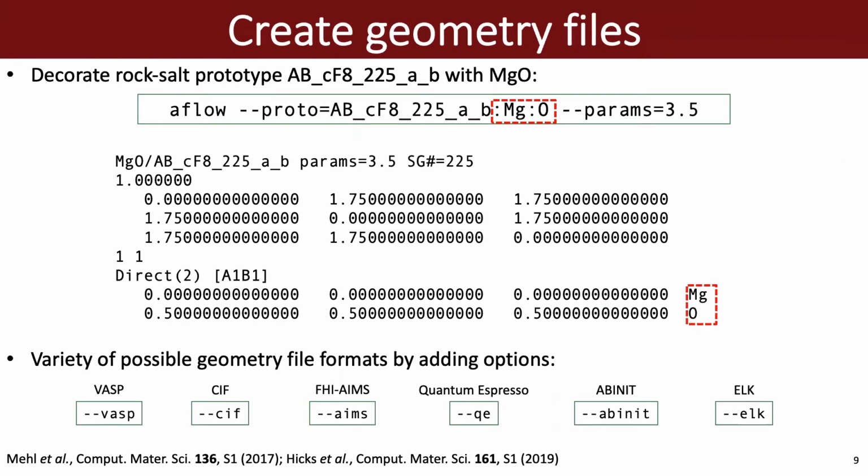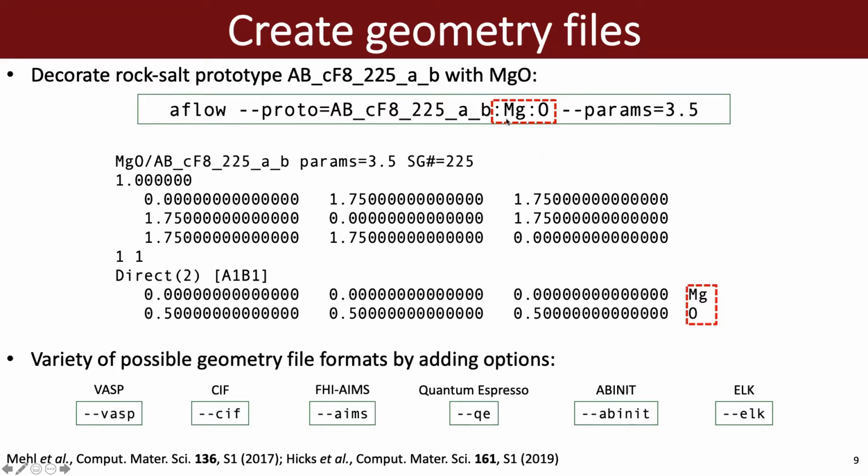Okay, so here's an example. Let's say we wanted to create the rock salt prototype structure. It has this particular label, AB_cF8_225_a_b, and let's say we wanted to decorate it with magnesium and oxygen. To do this, we use the following AFLOW prototype command, and it would generate this structure.